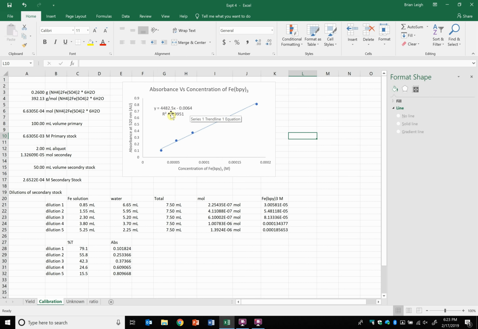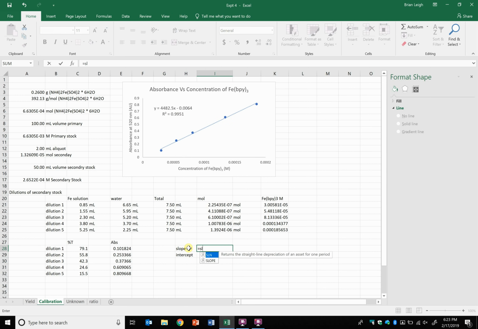Now, here's a kind of a pain, right? We have 1, 2, 3, 4, 5 sig figs there, but only 2 in this. So there is a way to get more information from this to really get the full slope and the full intercept, and that's to use 2 different functions. The first one, of course, to determine the slope would be the function SLOPE.